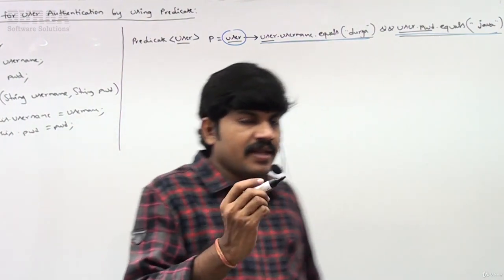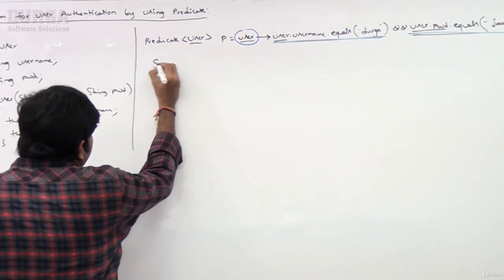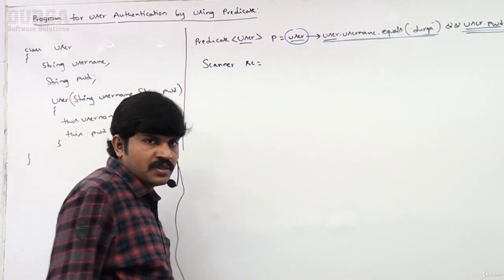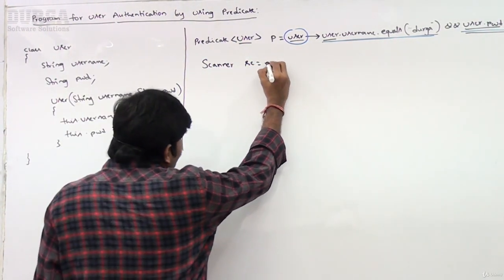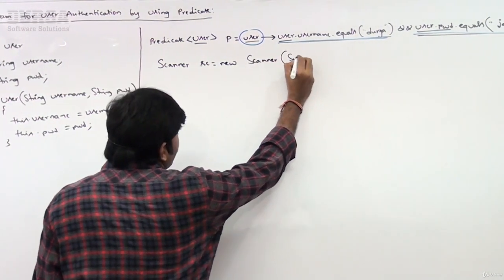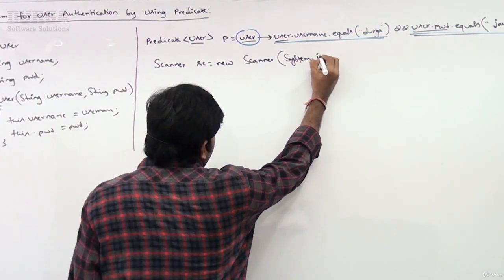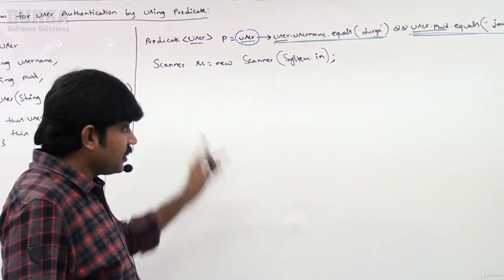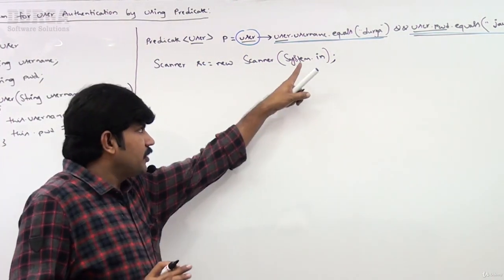Let me create a scanner object. Scanner sc is equal to new Scanner of System.in. Again, Scanner sc is equal to new Scanner of System.in. Remember, now it points to the keyboard.